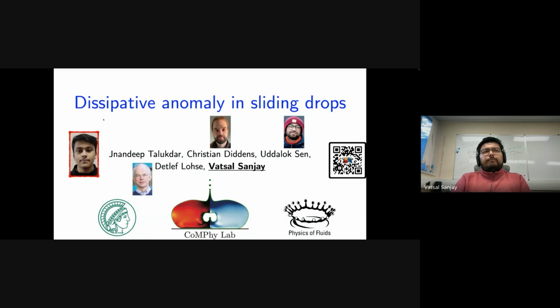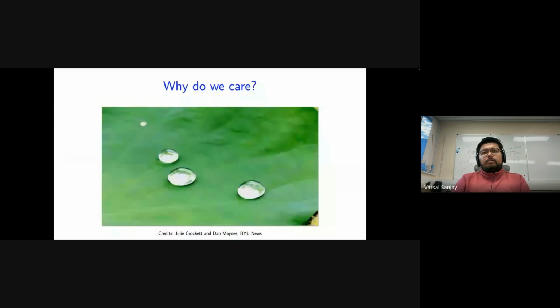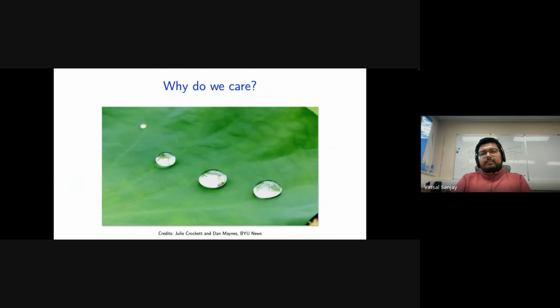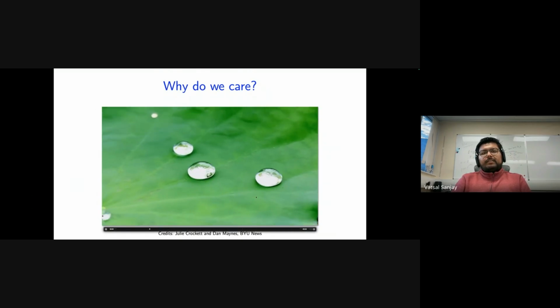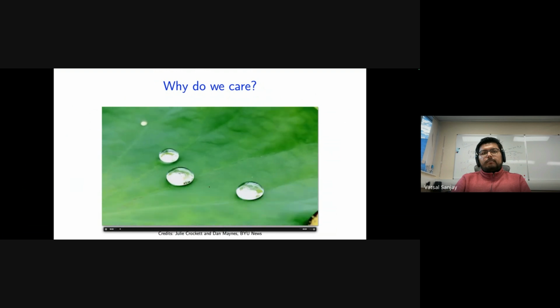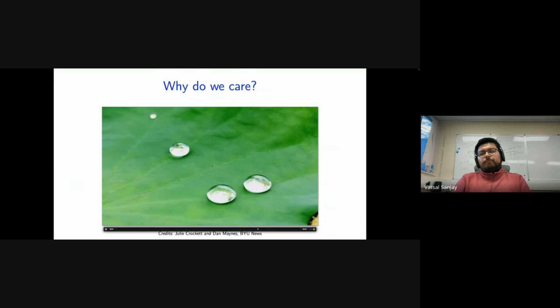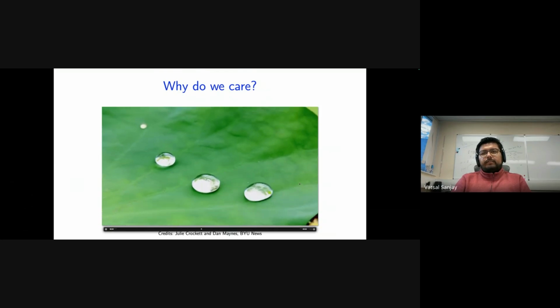So before talking about dissipative anomaly in sliding droplets, let us ask the question, why do we even care about sliding droplets? Well, for that, I give you an example from nature where we have a plant leaf, where we see these droplets which are moving along. They are sitting on the superhydrophobic leaf, and then they move along and coalesce and show very rich dynamics.